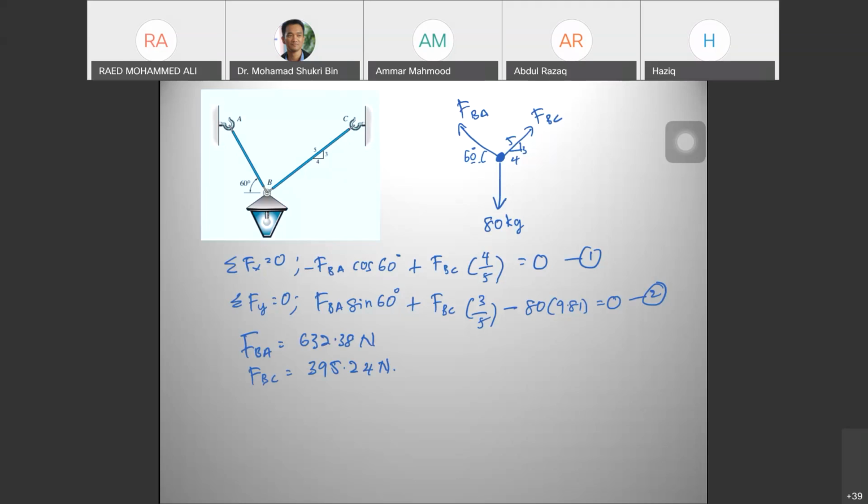Now find the sigma BA. This symbol is sigma, which is normal stress.